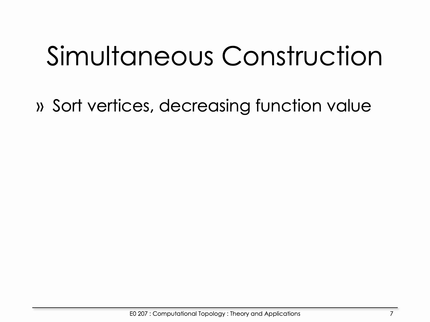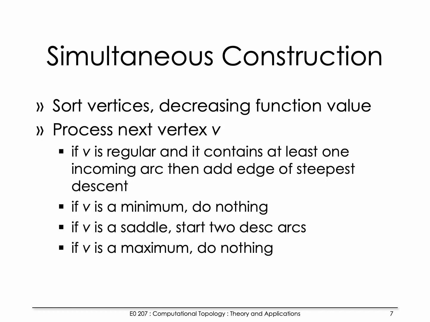The algorithm works by sorting the vertices based on decreasing function value and processing the vertices top to bottom. By top to bottom, I mean in terms of function value. So after sorting, when we are processing the vertices, here is what we do.